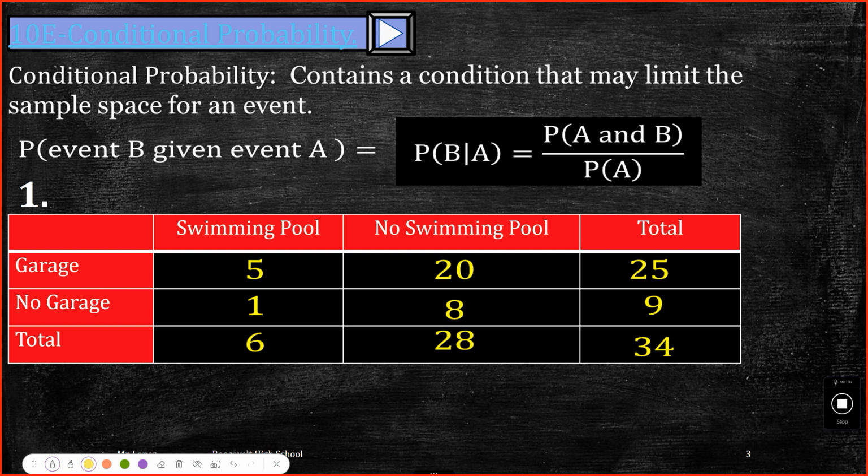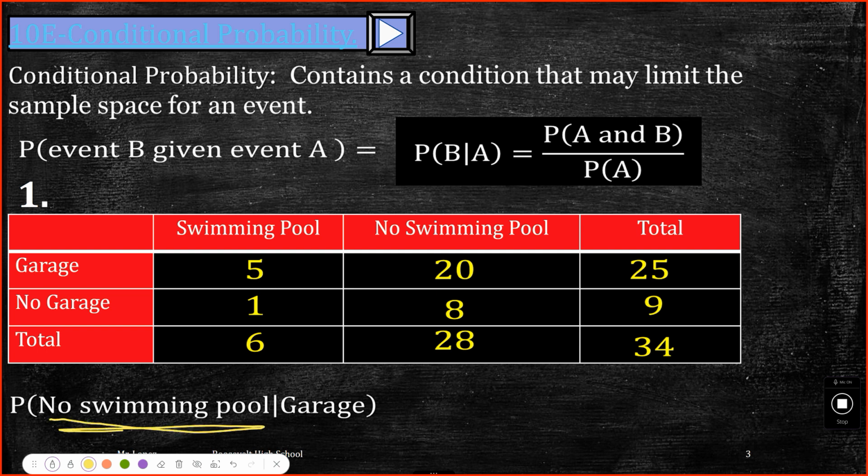Now we're going to do the actual conditional probability. And this is what I say to people every year: either you get it or you don't. What was the probability in that particular class of me picking a student that lived in a house that had no swimming pool, given that it is one of the houses that had a garage?